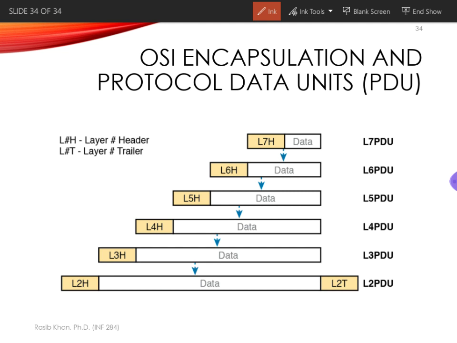So the concept of encapsulation that we saw in TCP/IP also exists for OSI. We refer to the term PDU, or protocol data units, which starts from the application layer. So the data that is generated in the application layer, you add a layer 7 header, that is the application layer header.